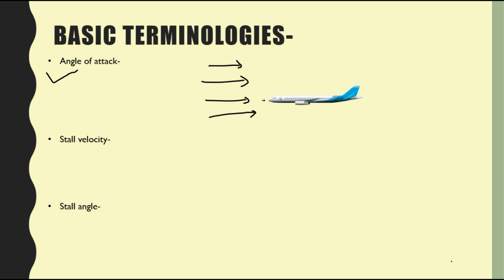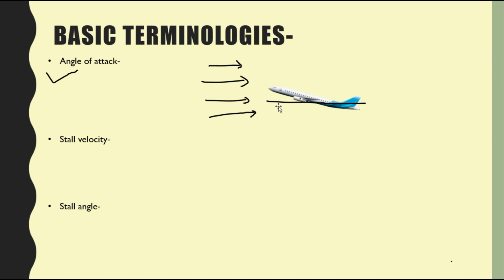Now the axis of the aircraft, the angle made by the axis of the aircraft and the airflow is called the angle of attack. Now let's suppose I change the angle of attack.